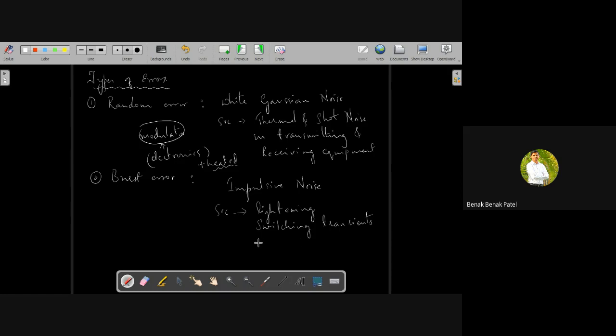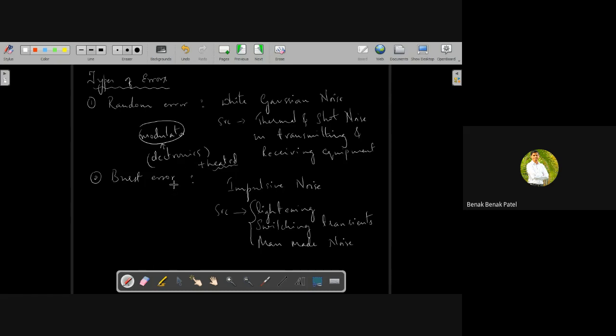The sources for this impulsive noise, which in turn causes burst error, are lightning, switching transients, and some man-made noise.